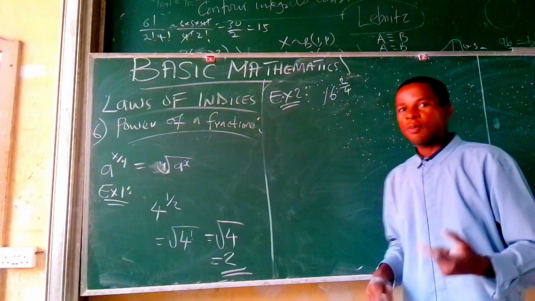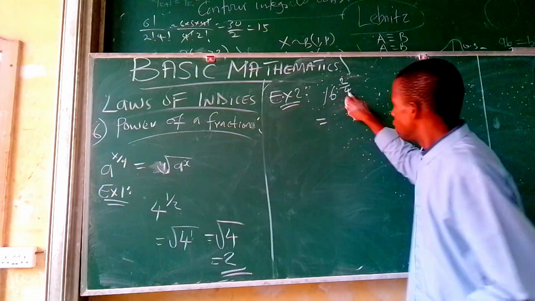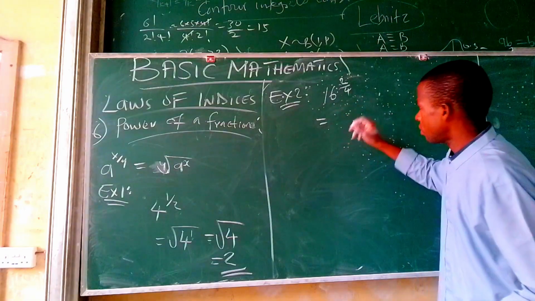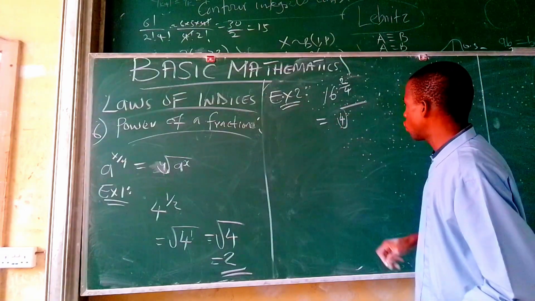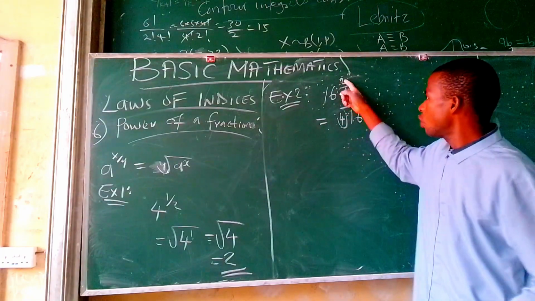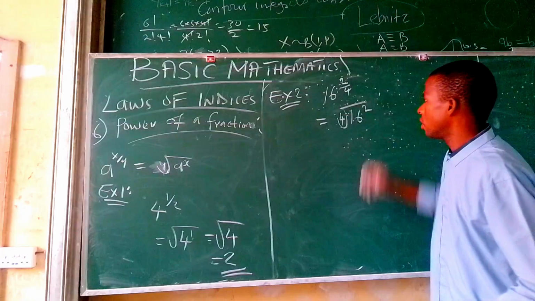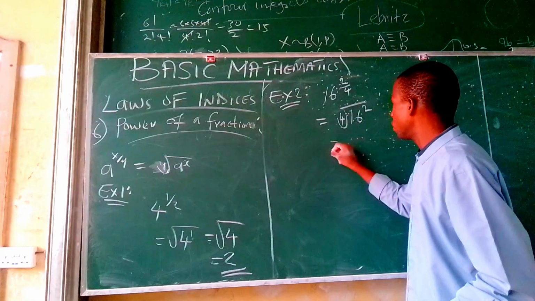Now, for us to express this, we are going to use that same power rule. This is 4, right? We will have the 4th root of 16. Then these two will be on the power of the base 16.